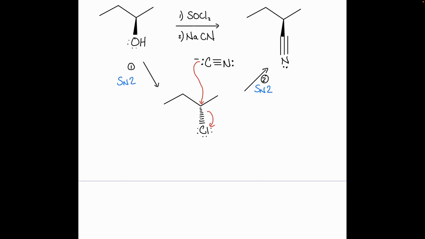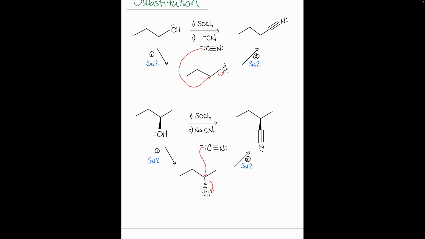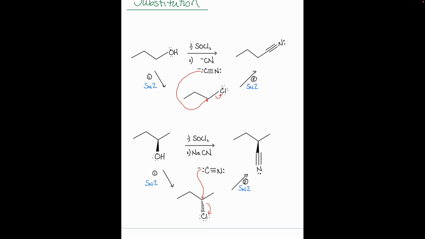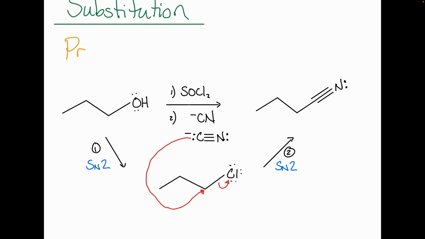All right, let's play this same game, but let's do it with our tertiary alcohol. Okay, to be clear, this was primary and secondary. So now we're going to look at tertiary.